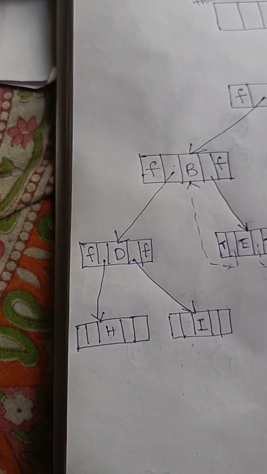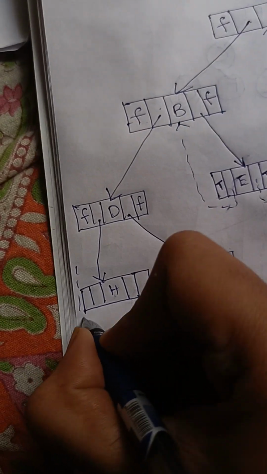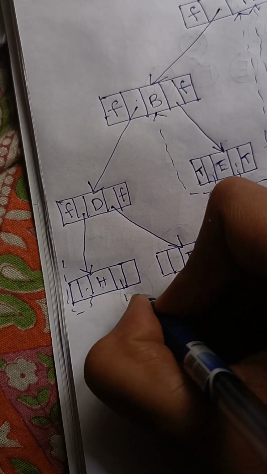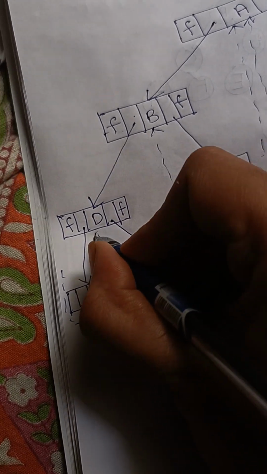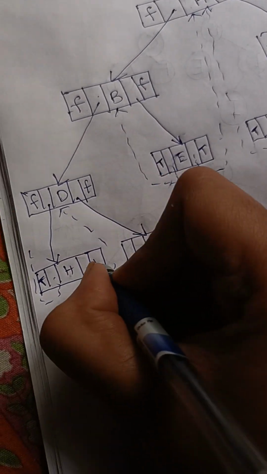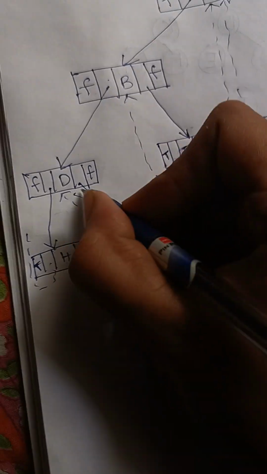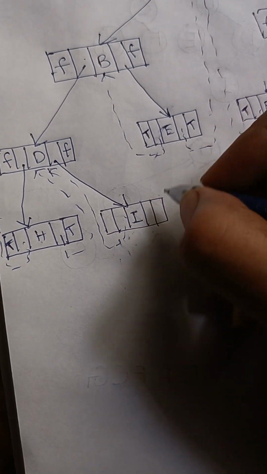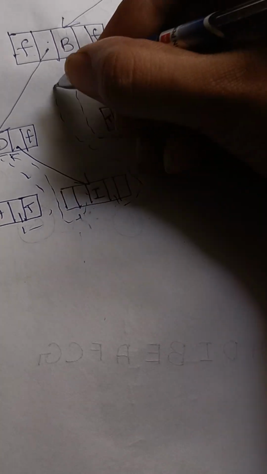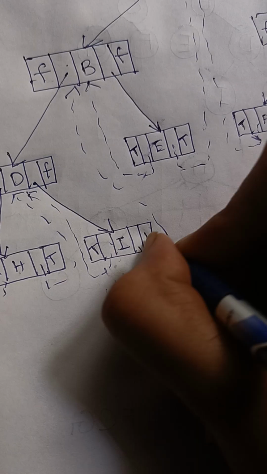Coming over here for your H, okay, it doesn't have a predecessor, but it does have a successor. It is D, right? So there are both the threads. We'll mark both the fields as true. For I, the predecessor is D and the successor is B. We will mark both the threads as true.